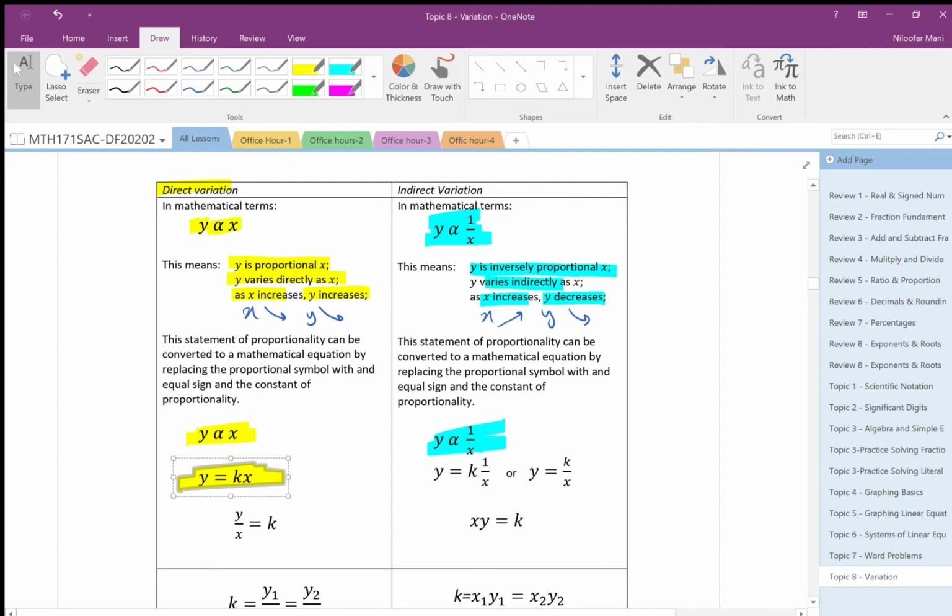That thing is constant, the same as distance that was constant in the indirect one, or speed was constant in the direct one. Okay, so that's here. And here I use y = k over x. Then what happened? Here I have y over x equal k. Here I have xy equal k.